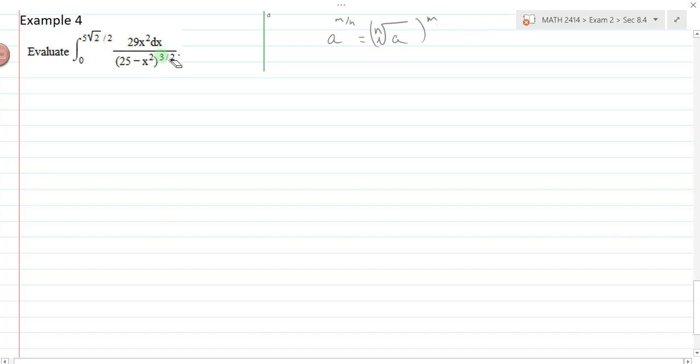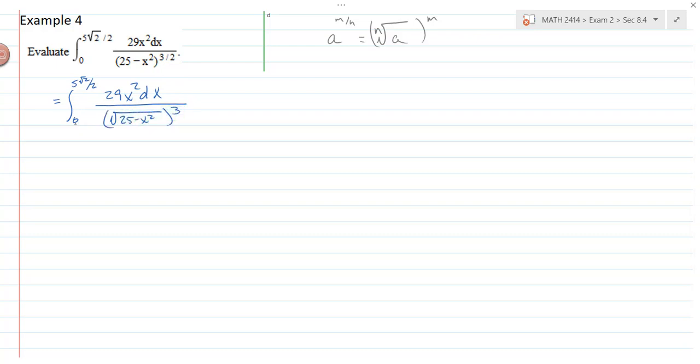So this 3/2 power right here, how could I rewrite that? I could rewrite this problem as the integral from 0 to 5 square roots of 2 over 2 of 29x squared dx over the square root, because the denominator is 2, of 25 minus x squared cubed.